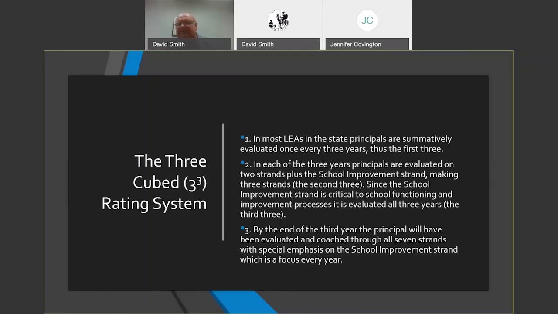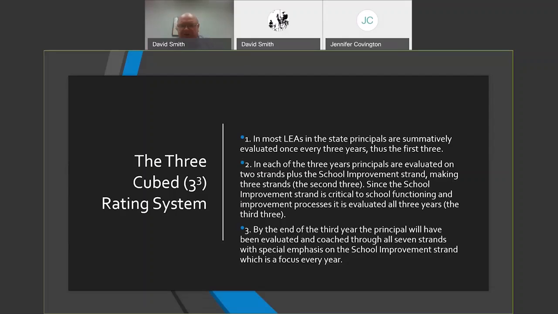What that basically says is, most LEAs have principals who are being summatively evaluated once every 3 years. We know they're getting a formative evaluation in the other 2 years, but they're having a summative evaluation once every 3 years. So during that 3-year cycle, here's what we might do.